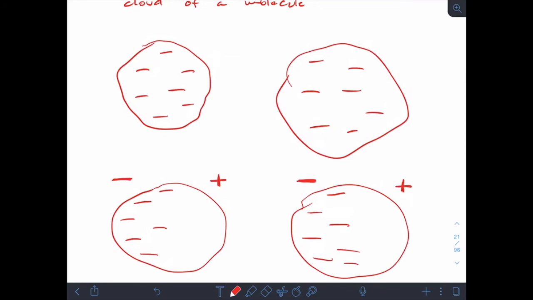Okay? So guess what? Positives and negatives attract each other, right? So just for a moment, I have an interaction between that positive and that negative.